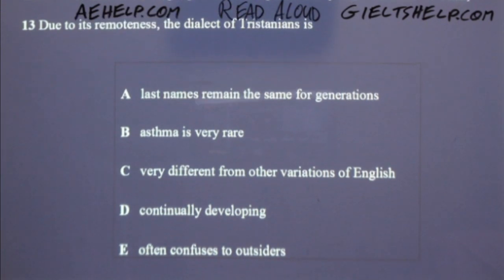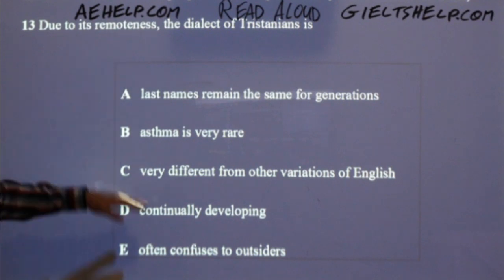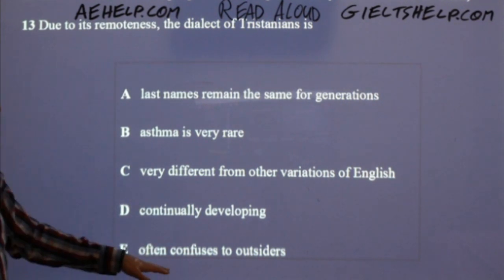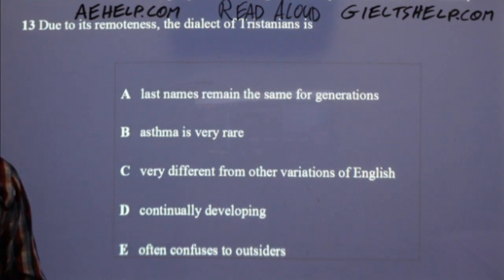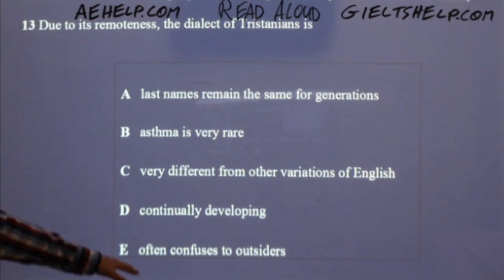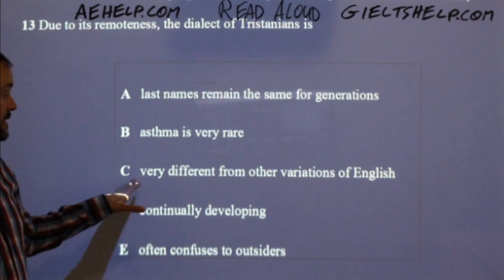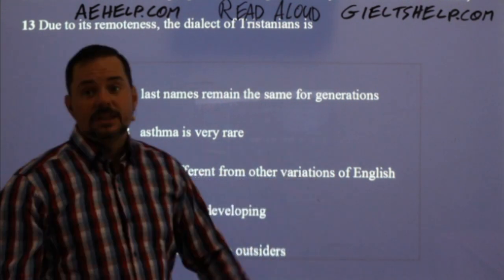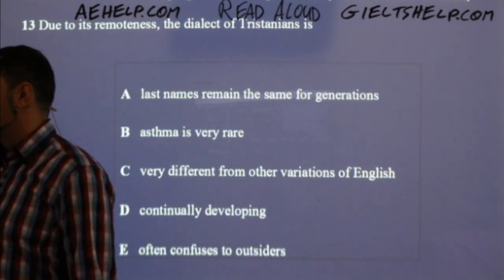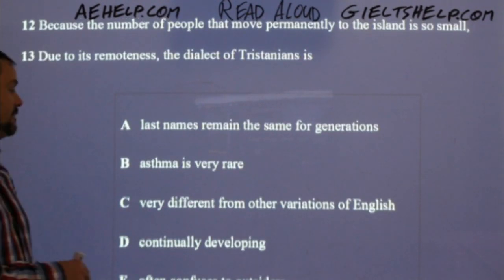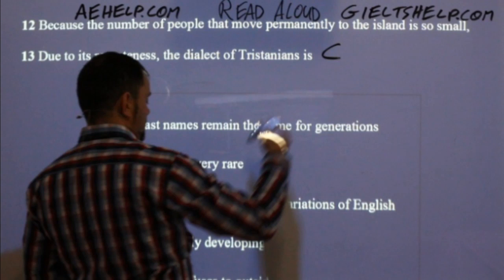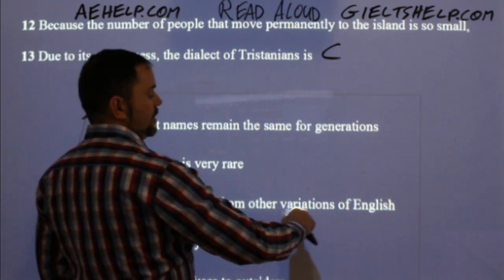Due to its remoteness, the dialect of Tristanians is often confuses to outsiders. That might be correct information, but it's bad grammar. D, continue, or C, very different from other versions of English. Absolutely. Preeti, Roshni, Hassan, good. Yeah, it's C. Is very different from other variations of English.